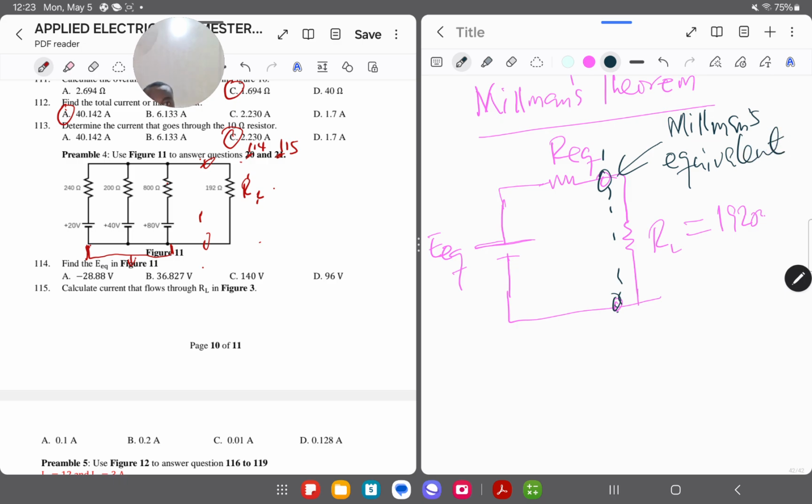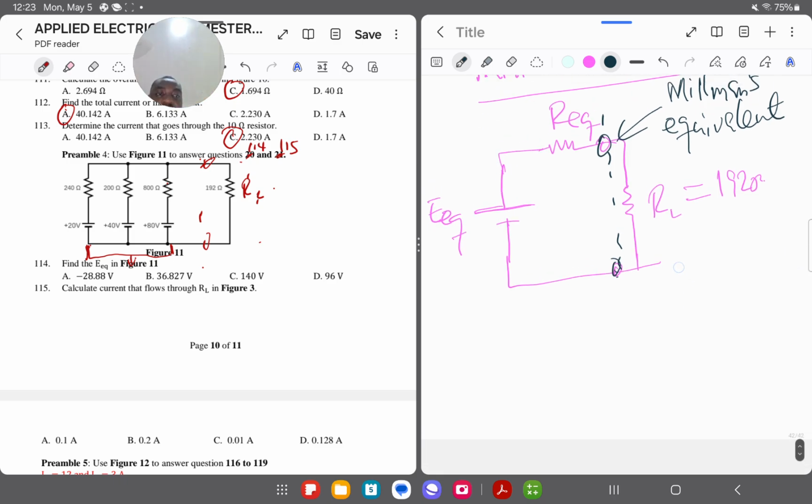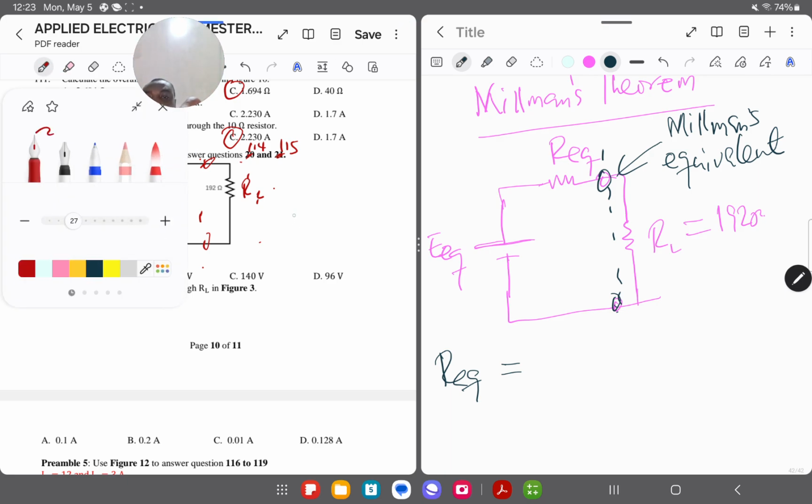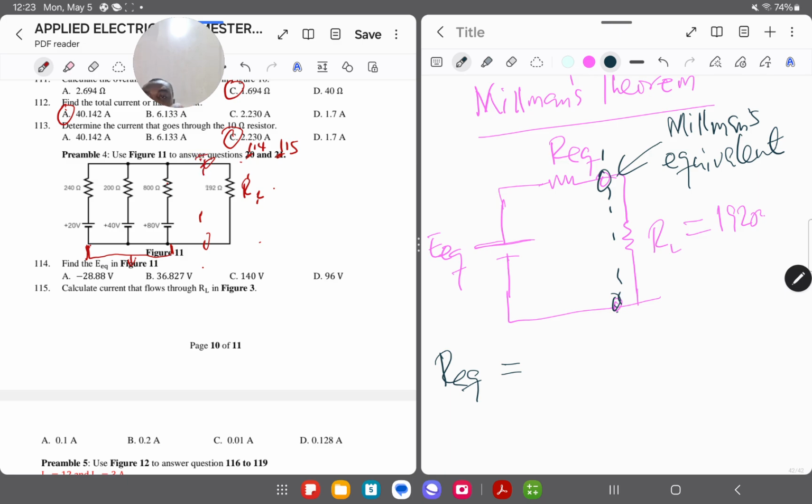Now that we've gotten this, we are to get the parameters for our Millman's equivalent circuit. So we are to get the equivalent resistance. So the equivalent resistance for this, right? Again, we are focusing on only this part, just the non-load part, meaning we imagine that this load is not existing yet.